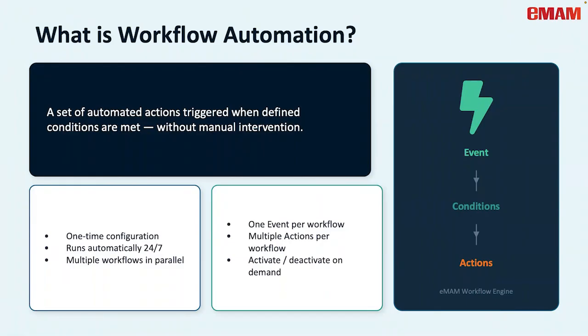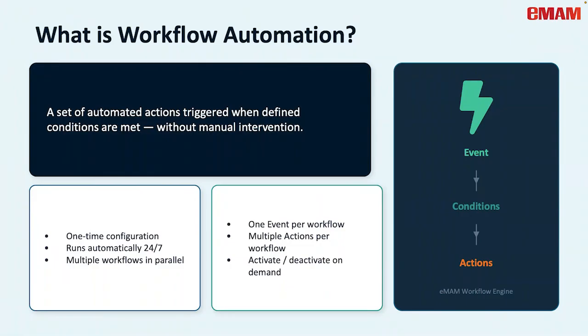It can run automatically 24/7, and you can disable or enable it at any time. You can also run multiple workflows in parallel. If one workflow is going and somebody else triggers the same workflow, both could be running at the same time.